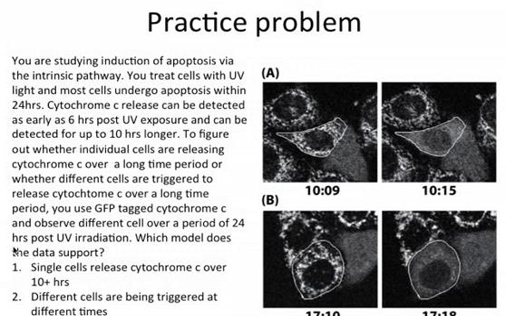They should all look like these two, right? Because you'll see it as early as 6 hours. So if it's 6 hours, boom, you see release. They should all have this diffuse staining. But here at 10 hours, and then again at 17 hours, you still see cytochrome C inside mitochondria, suggesting that over time, different cells are triggered.